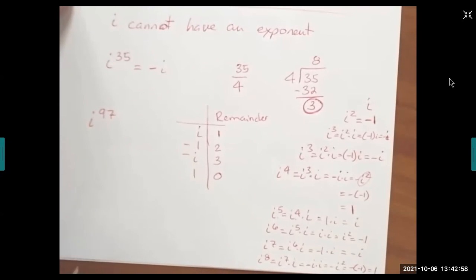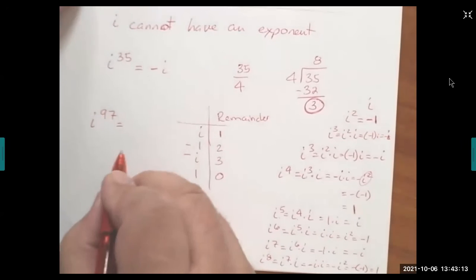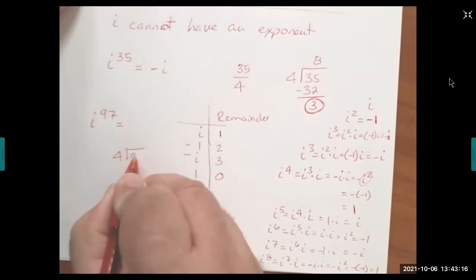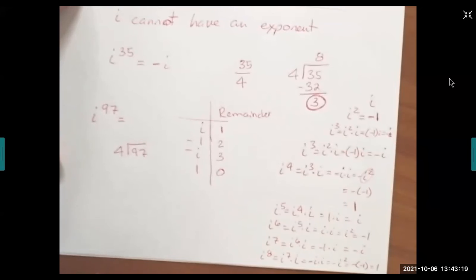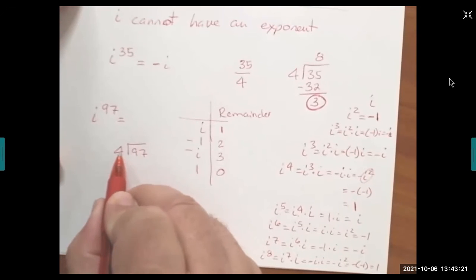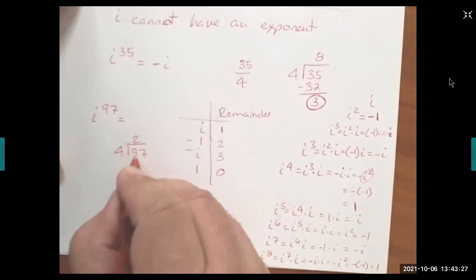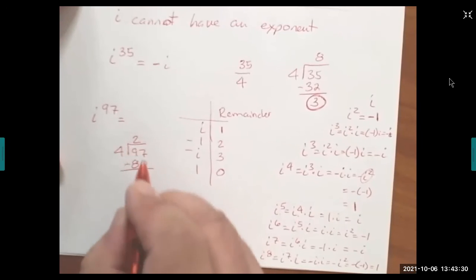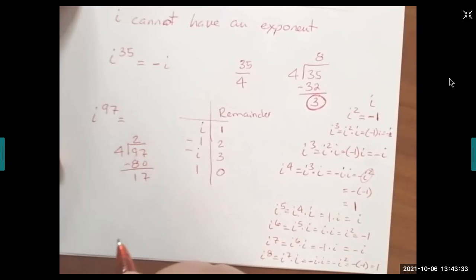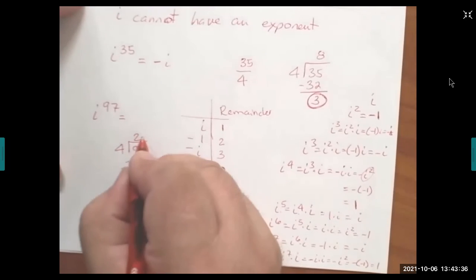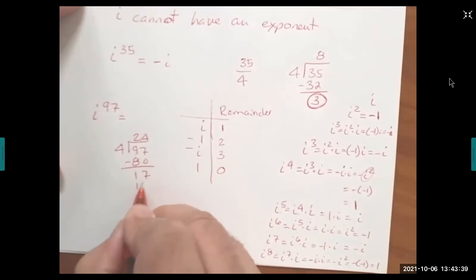i to the power 97. Four goes into 9 how many times? 2 times. 4 goes into 17 how many times? 4 times 4 is 16.